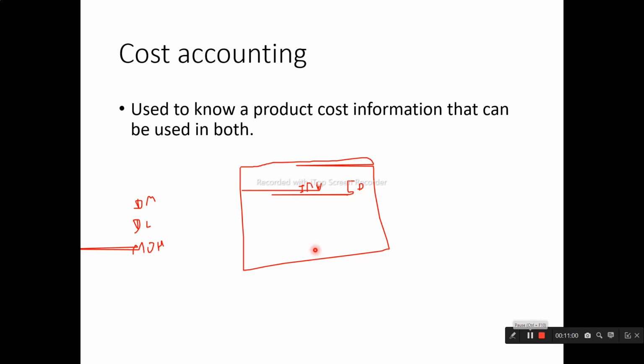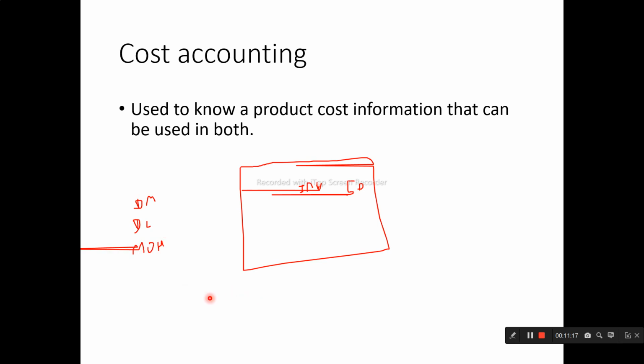Even if a report is made on product cost information, such as how much direct material, direct labor and factory overhead the product used, you would prepare that report for internal users.